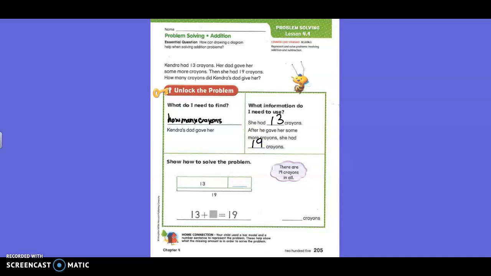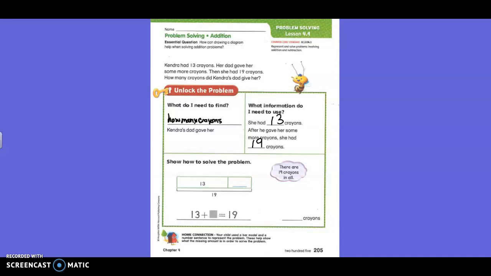Okay, so let's show the problem here in a bar model. They have 13 in the bar, and then nothing in the other bar, because that nothing represents how many Dad gave her, and we don't know that. But on the bottom, it's written 19, because 19 is the total that she had at the end.